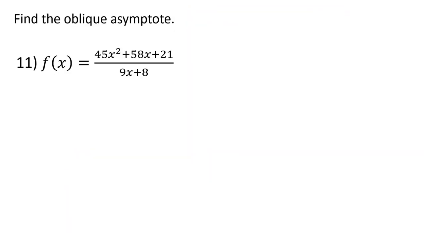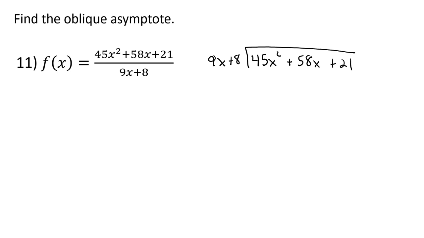All right, finding an oblique asymptote. This is using your long division skills from second quarter. So we're going to write it as the long division problem, 45x squared plus 58x plus 21 being divided by 9x plus 8.